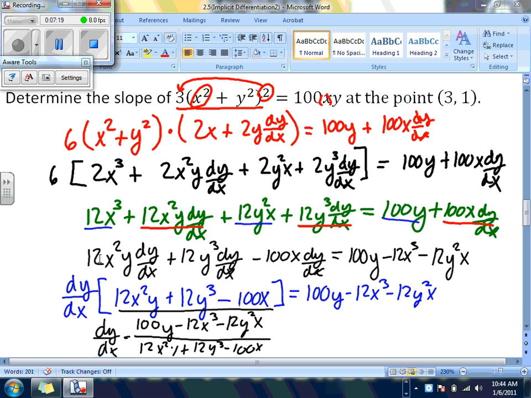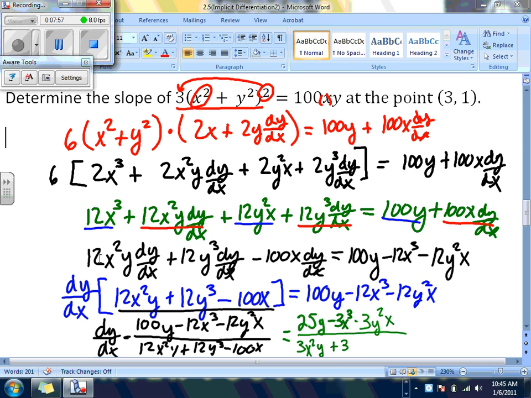All right, to make that a little cleaner, I think I can take a 4 out of every single term. Yeah, we can take a 4 out of everything. If I take a 4 out of everything, I'll be left with 25y minus 3x cubed minus 3y squared x all over 3x squared y plus 3y cubed minus 25x.